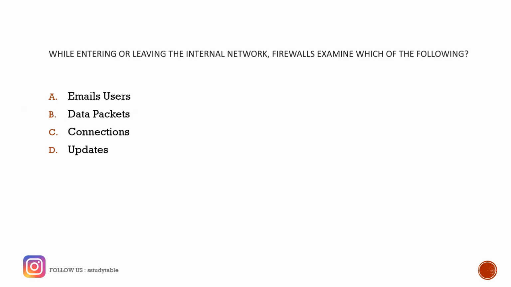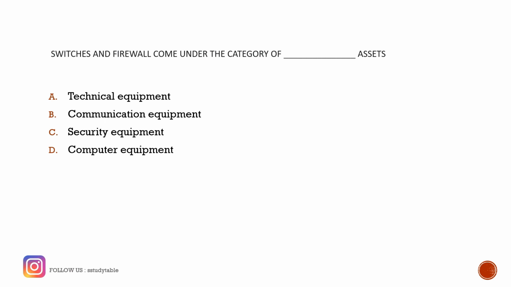Next, while entering or leaving the internal network, firewalls examine which of the following? Answer is data packets. Next, switches and firewall come under the category of dash assets. The answer is security equipment.